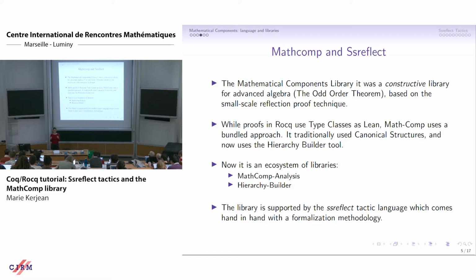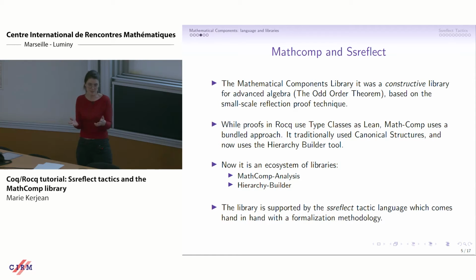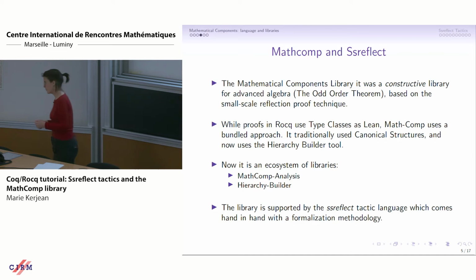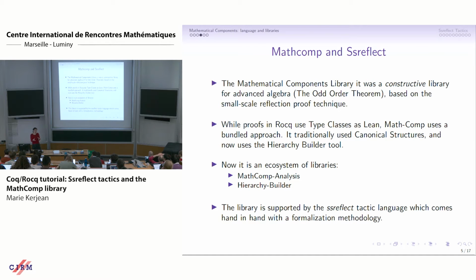MathComp comes with a certain idea of how proofs should be formalized at the end, how proofs should be maintained in the library, what is necessary in a proof for it to be accepted in the library, for the pull request to be accepted. And the Ssreflect language makes that methodology possible and easier.